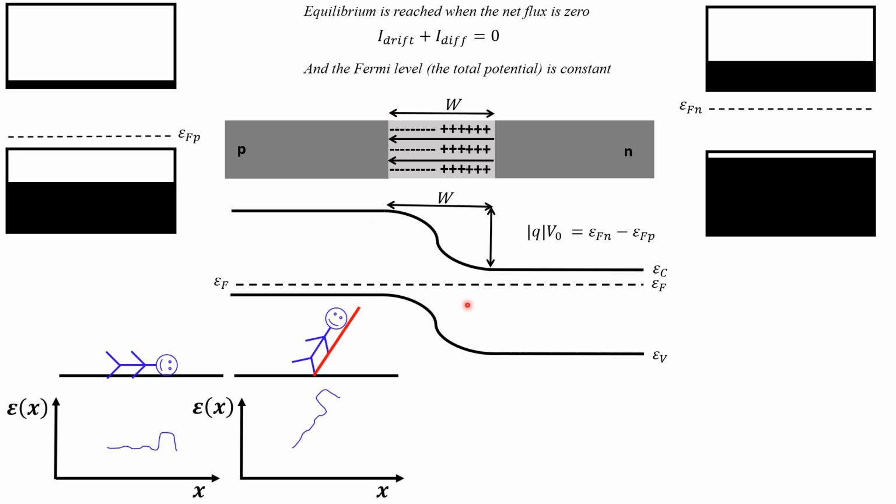Now, if you are still a bit uncomfortable as to why the band bends in this region, I'm showing here an analogous situation, but using gravity, because gravity is always more intuitive than electric field.